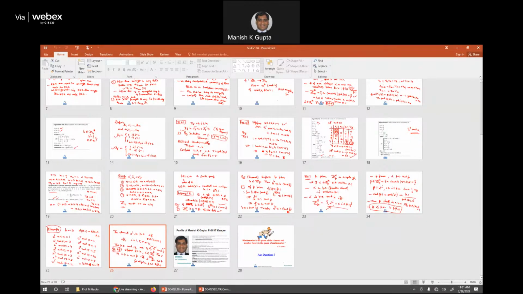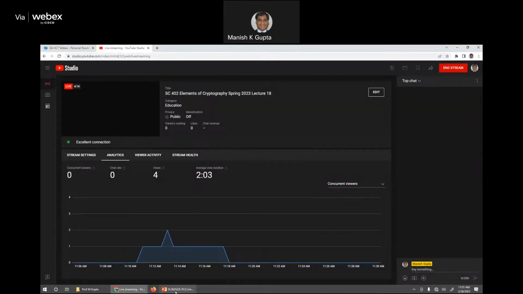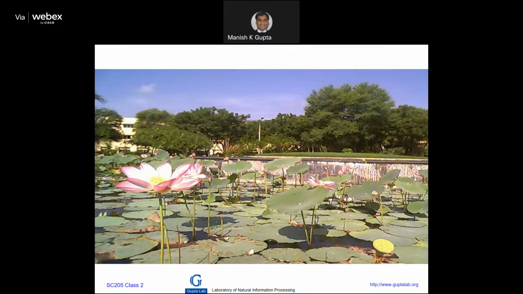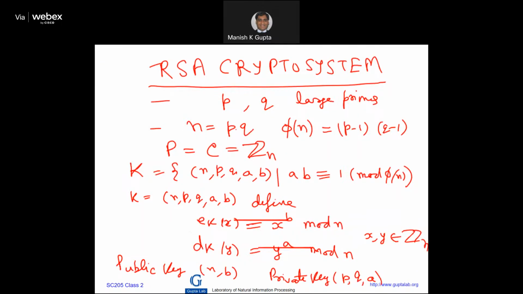Now I think this was all some basic preliminaries, and we are ready with the RSA crypto system actually. So P and Q are large numbers.